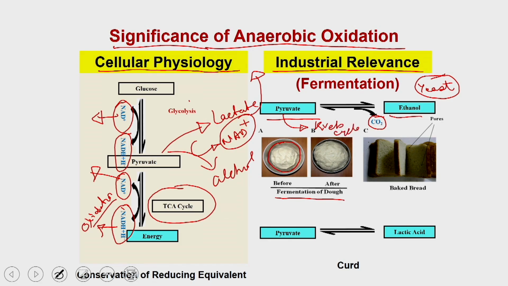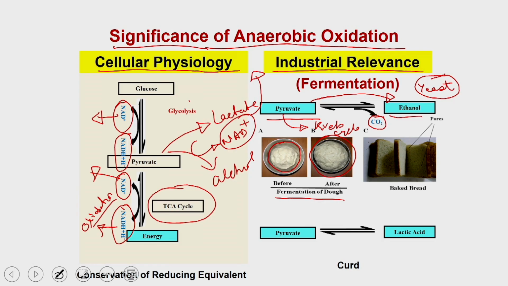Instead, it will run the pyruvate to alcohol conversion, and in this process it is going to produce carbon dioxide, and once the carbon dioxide is trapped inside the dough, it will make the dough very fluffy, and that is how you are going to have the bread which has pores.